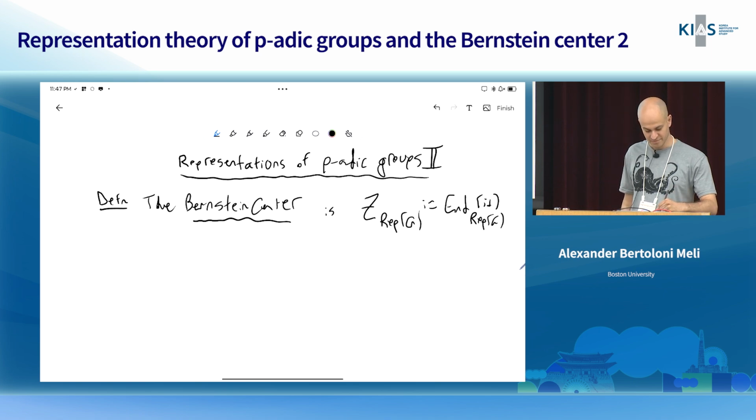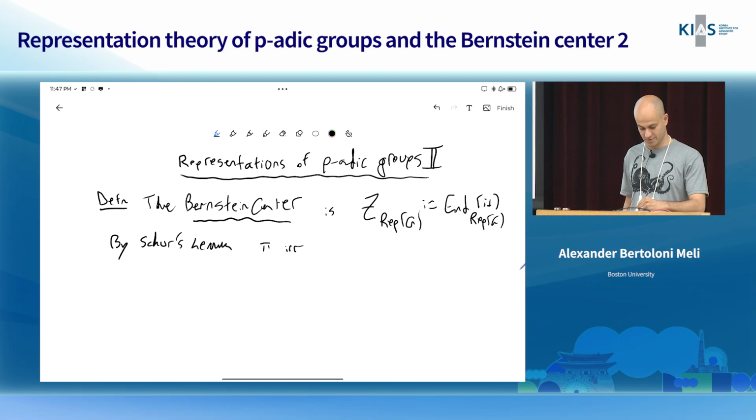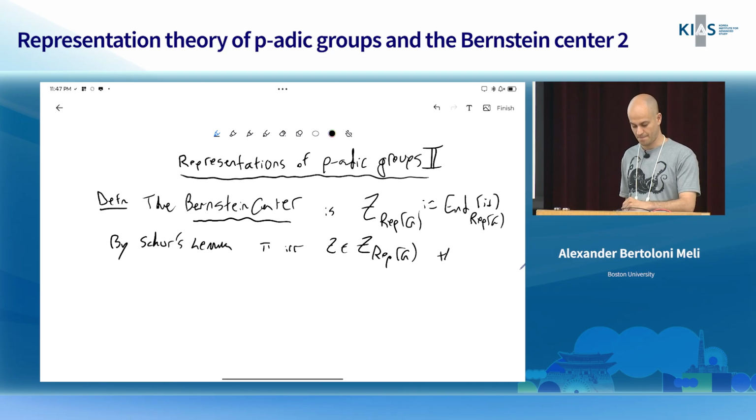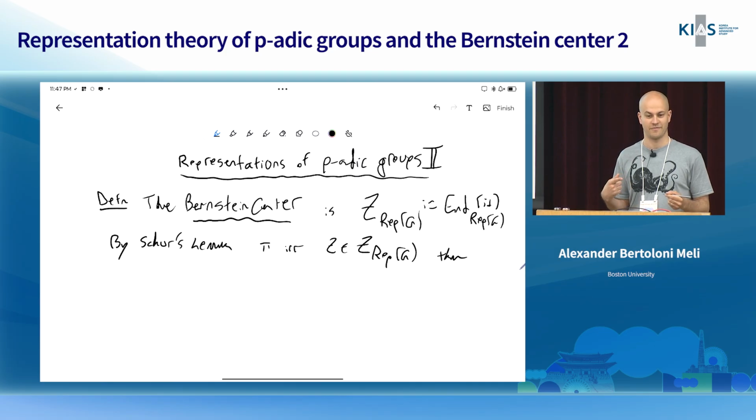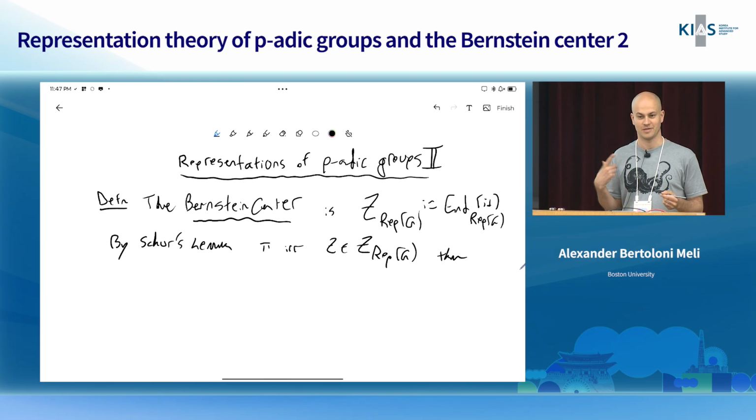So by Schur's lemma, if pi is irreducible and z is some element in here, then z gives an endomorphism of pi, and by Schur's lemma, that's a scalar.